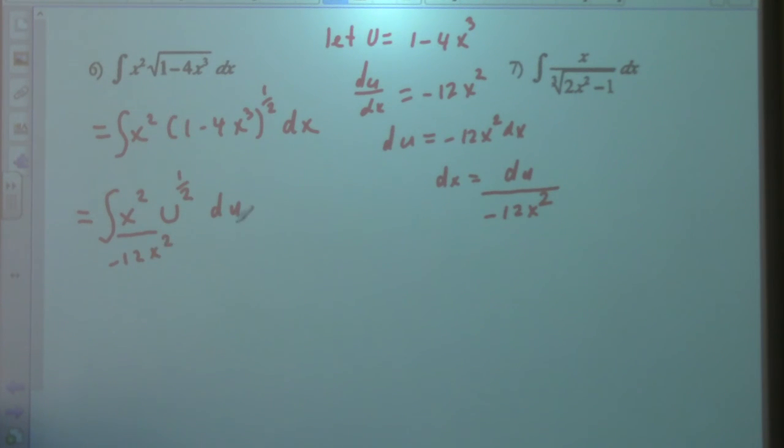What I like to do is write it like this, where I can just write what I'm trying to cancel right underneath the other one, so I can see better what's happening. So we're going to get negative 1/12 u to the 1/2 power du.